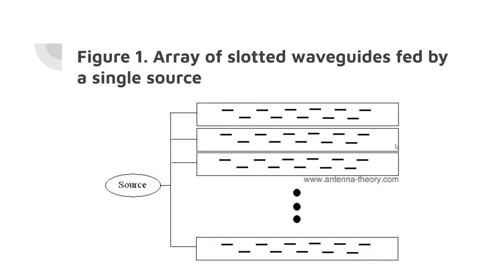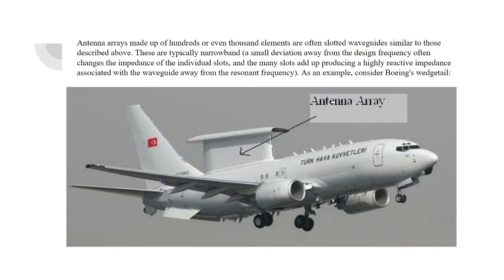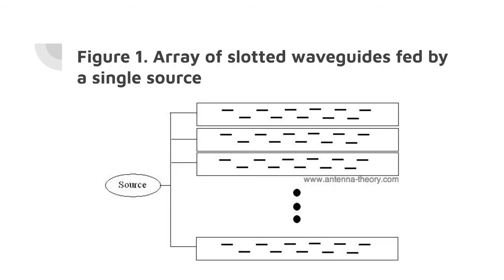So this is figure 1: an array of slotted waveguides fed by a single source. By stacking waveguides as shown in figure 1, the E plane beam width can be greatly reduced. In addition, by adding a phase delay to each waveguide, the array of waveguides can be steered in the E plane.